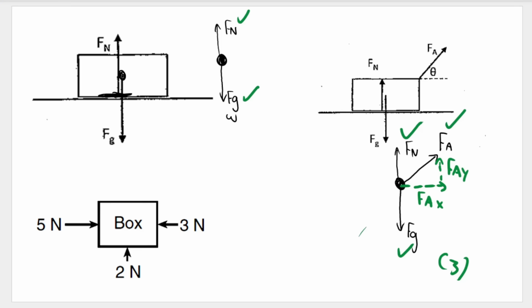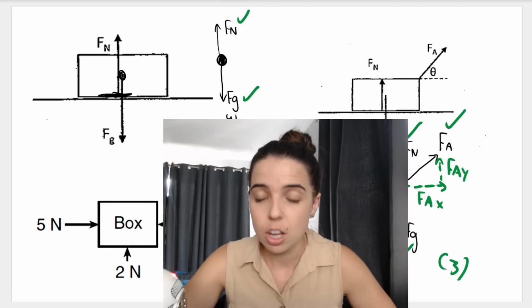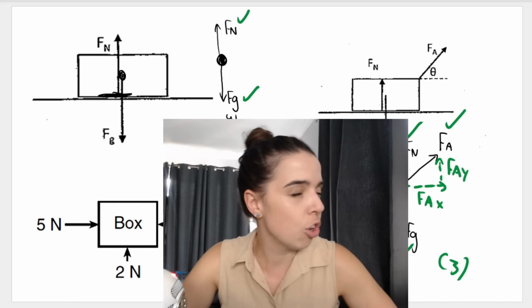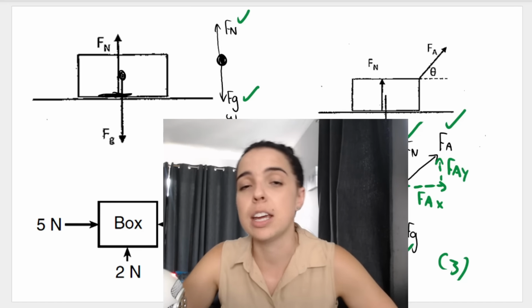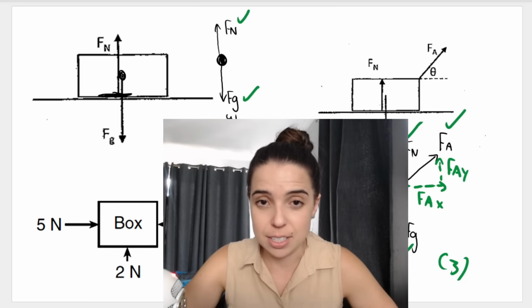Although that is true, and we can break that force down into its components, on your free body diagram for marks, you never draw those components. Don't draw them in. Those are considered extra arrows. They will deduct marks. Draw the forces as is, please.